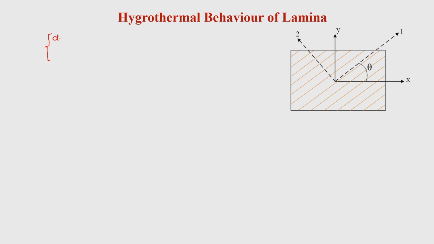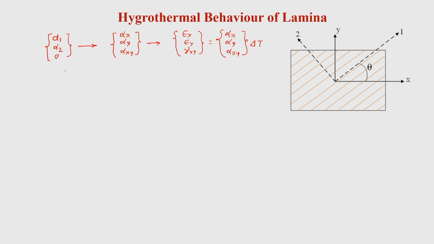Given alpha 1, alpha 2, we can find alpha x, alpha y, alpha x y, and from there epsilon x, epsilon y, gamma x y as alpha x, alpha y, alpha x y into delta t. The same is true for hygroscopic also.